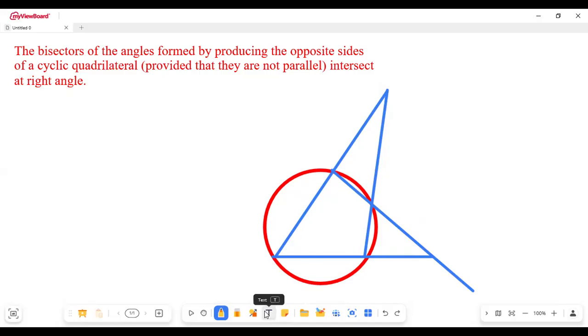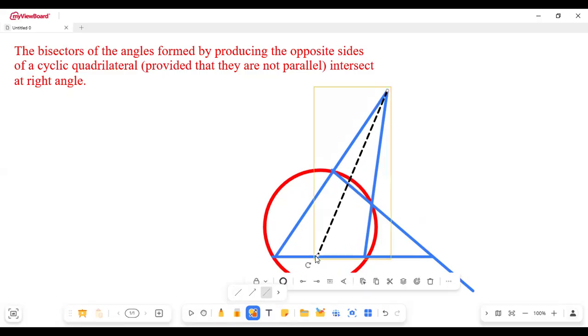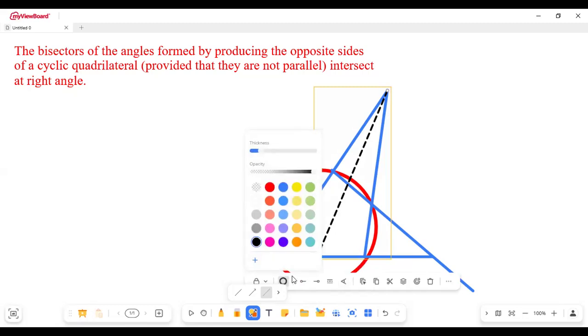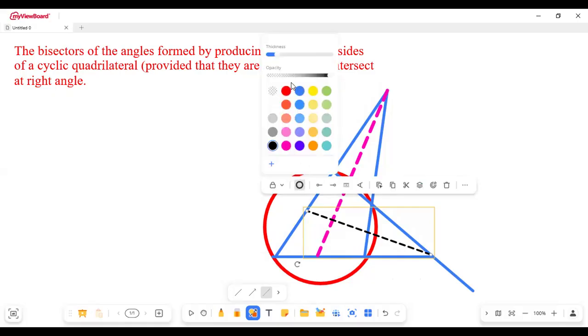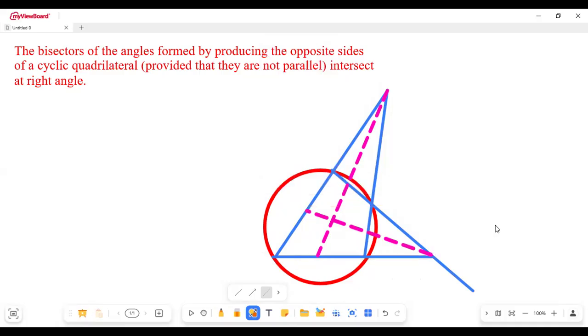That is making a bisector here, making a bisector here. This one is the angle bisector. We can increase the width and change the color. Now from here also an angle bisector is there. So change the color. So basically we have a diagram here.